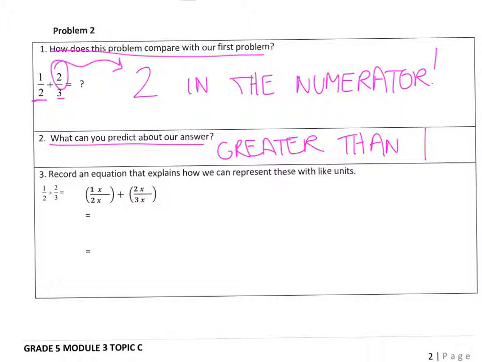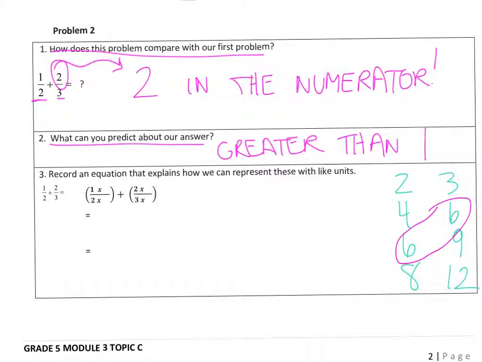So let's see, halves and thirds. What can we turn them into? Here, I'm going to make a list over here. I'm going to count by 2s: 2, 4, 6, 8, and then I'm going to count by 3s: 3, 6, 9, 12. Do I have any numbers in common? Yeah. So I'm going to turn them into sixths.